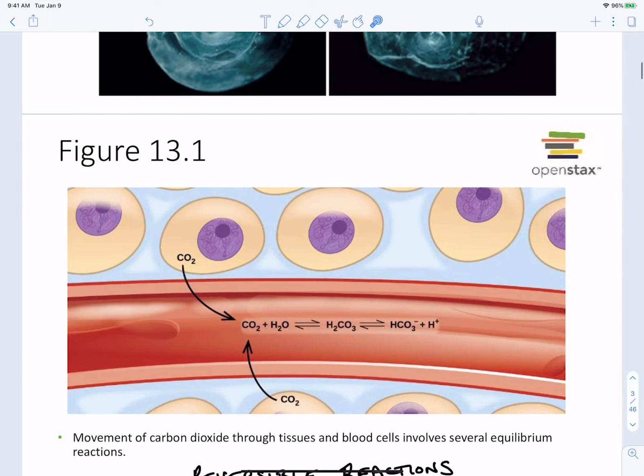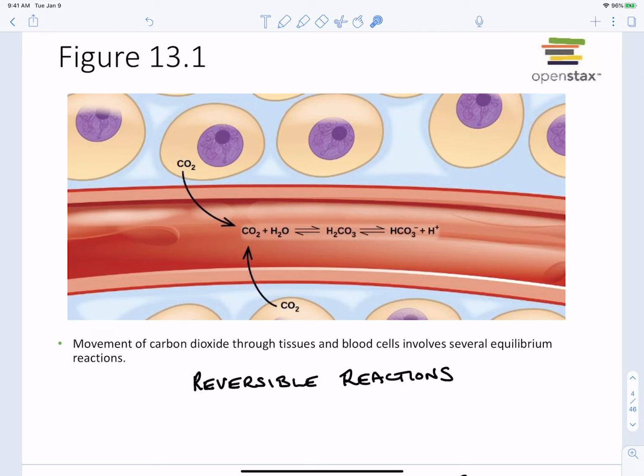We also see this type of reversible reaction in your lungs and your bloodstream. Carbon dioxide, which is present in your lungs, diffuses into the blood system, and as it diffuses into the blood system, here's CO2, which is now in its aqueous form, reacts with water and produces carbonic acid. Surprise, same reaction again.